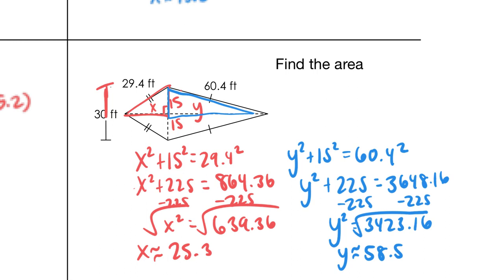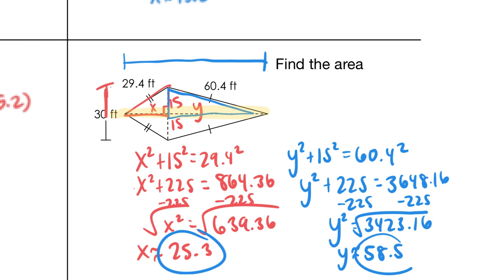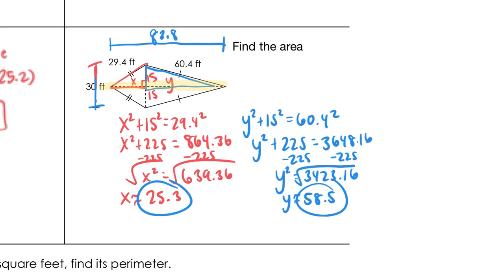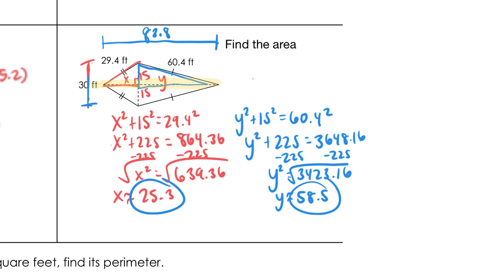So that means for this whole diagonal that I'm highlighting in yellow, that whole diagonal would be 25.3 plus 58.5. So this whole diagonal, if we add these two numbers together, it's 83.8. So that one's 83.8. The other one is 30. So the area, to go back and find that, it's 1/2 d1 times d2.